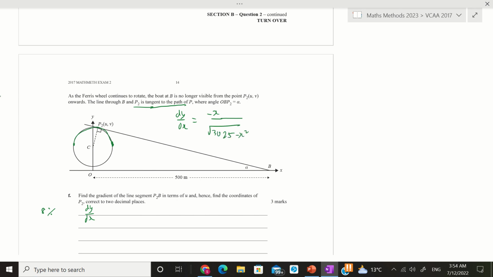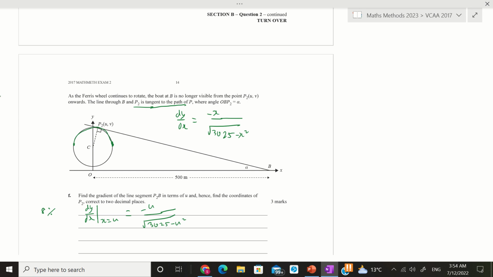So if I know that dy/dx is equal to this, and I sub in x equal to u, then dy/dx is going to be negative u on the square root of 3025 minus u squared. So why is that relevant?